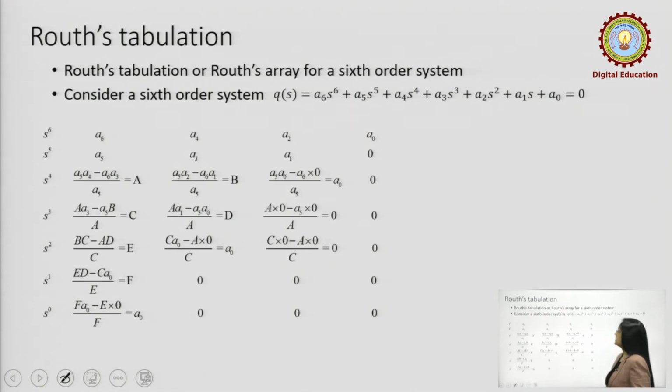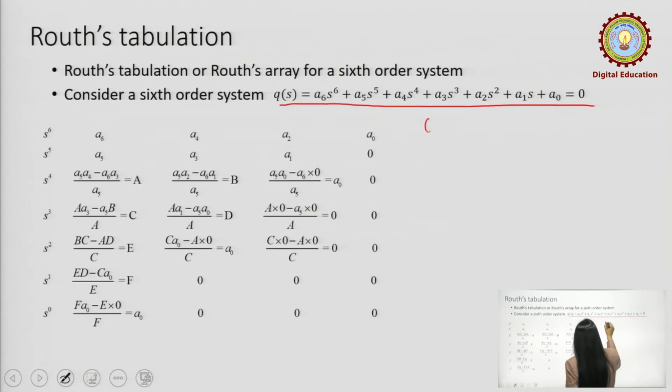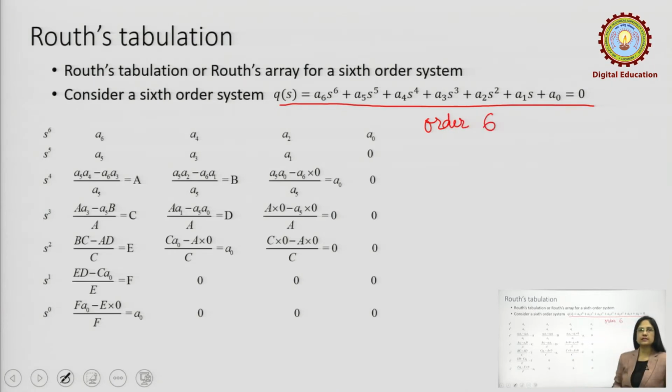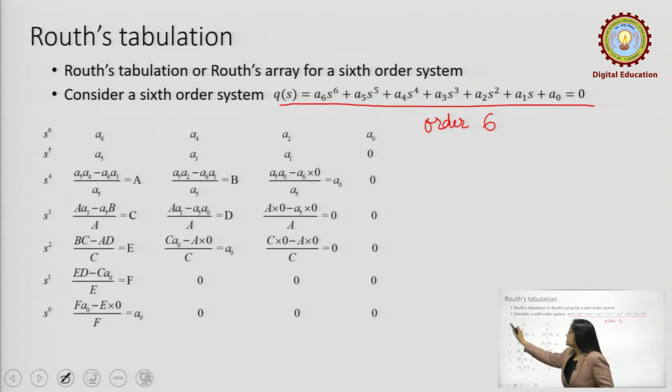For example, let us take a characteristic equation of order 6, and therefore we write s raised to 6 here, s raised to 5. This is in the decreasing order, this is just for reference.